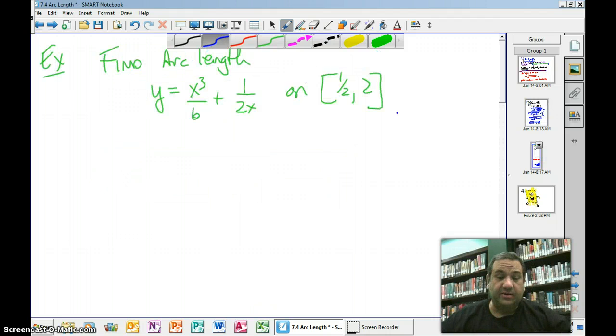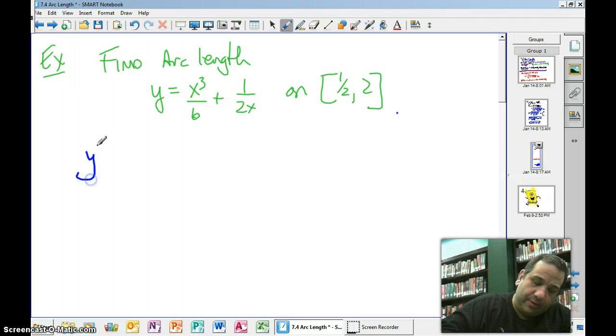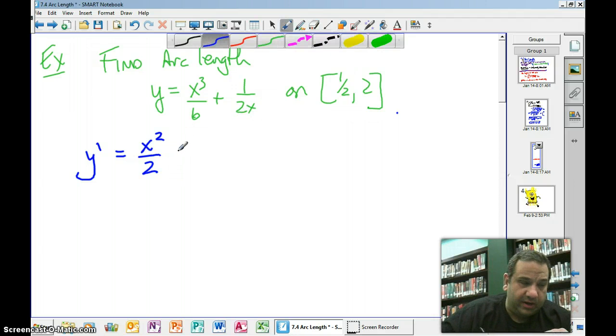All right, now let's get to some problems that you might be indulging in. Okay, it says find the arc length for that interval. So what I'm going to do is find the derivative. The derivative first is going to be x squared over 2, and I'm just taking the derivative separately here, minus 1 over 2x squared.